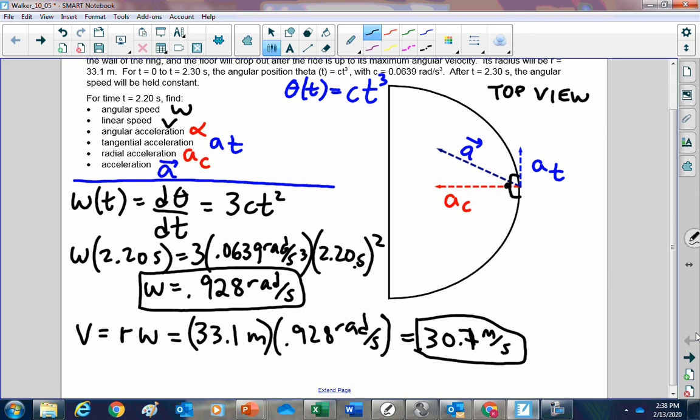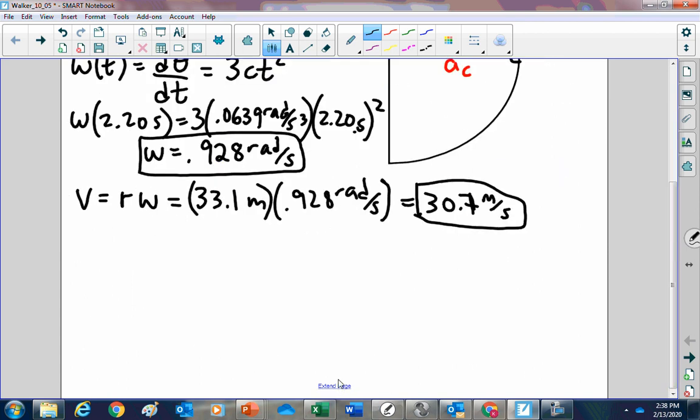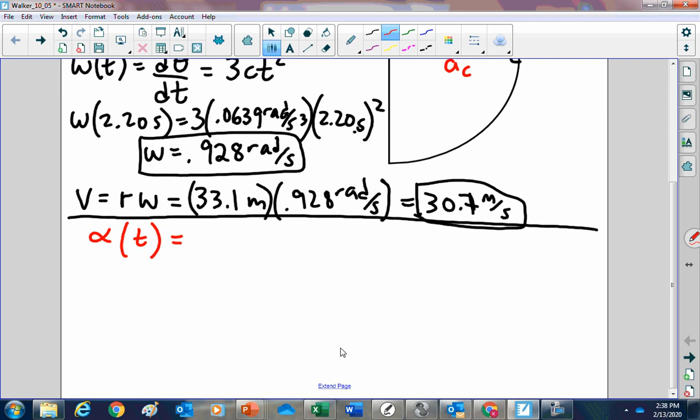Then let's do angular acceleration, alpha. So, switch gears here. Now to find alpha at this time, I would need to take the derivative of the angular velocity function. Taking the derivative of 3ct squared, I'm going to get 6ct. Then evaluate that at 2.2 seconds.